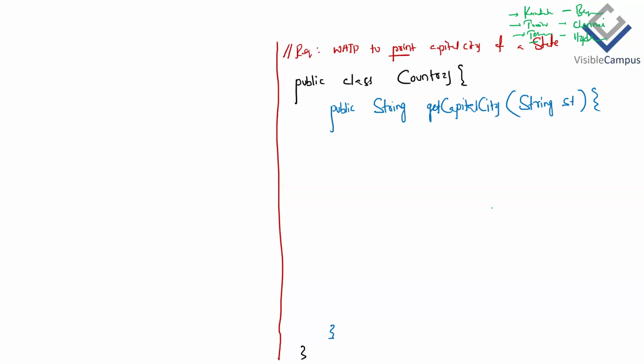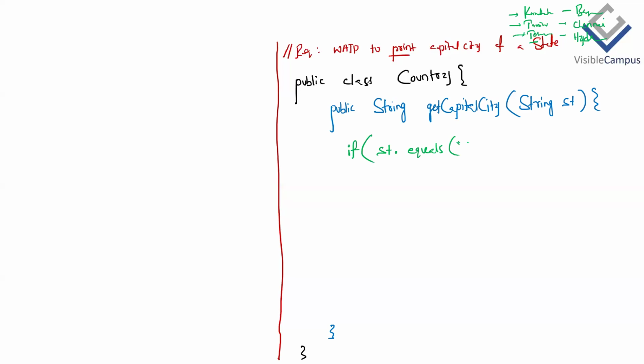For that, we already have a variable, and then we can go for a condition. First, if condition: if st, to compare strings we have to use the equals method, st.equals, and here I'm leaving some space, equals of.